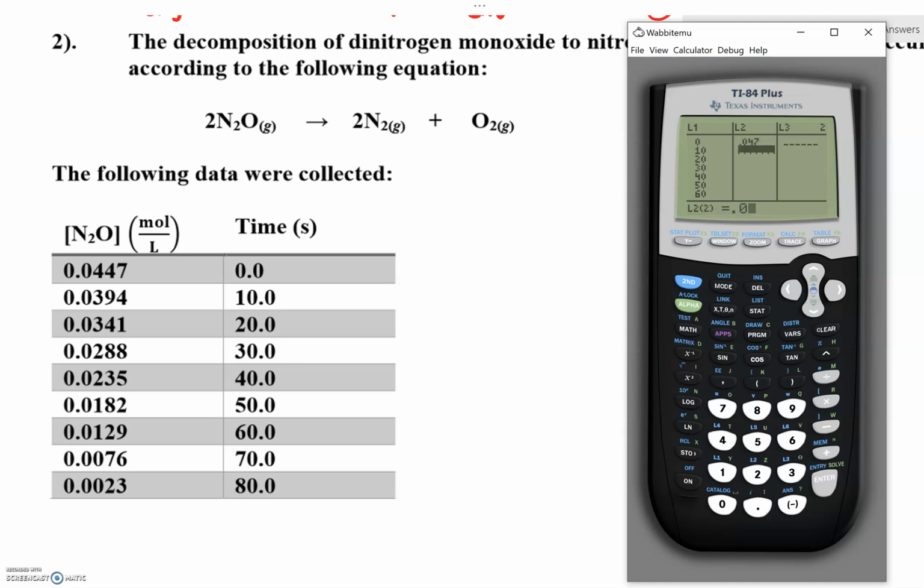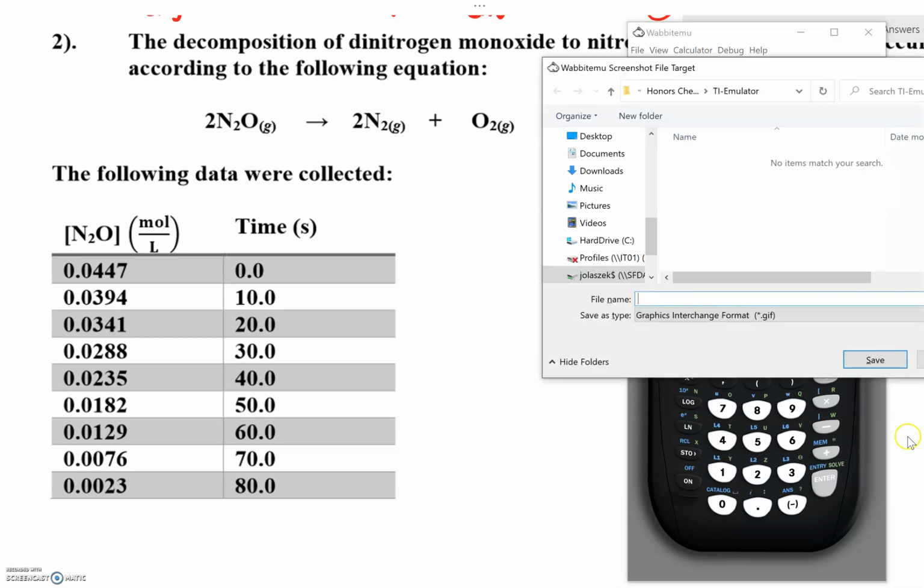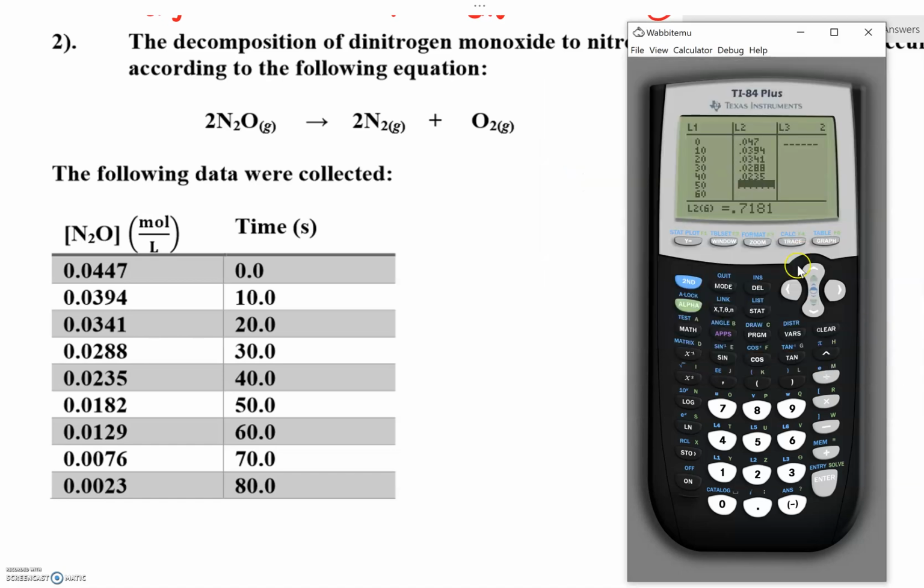0.0447, 0.0394, 0.0341, 0.0288, 0.0235, 0.0182. Whoops. Didn't want that. 0.0182.